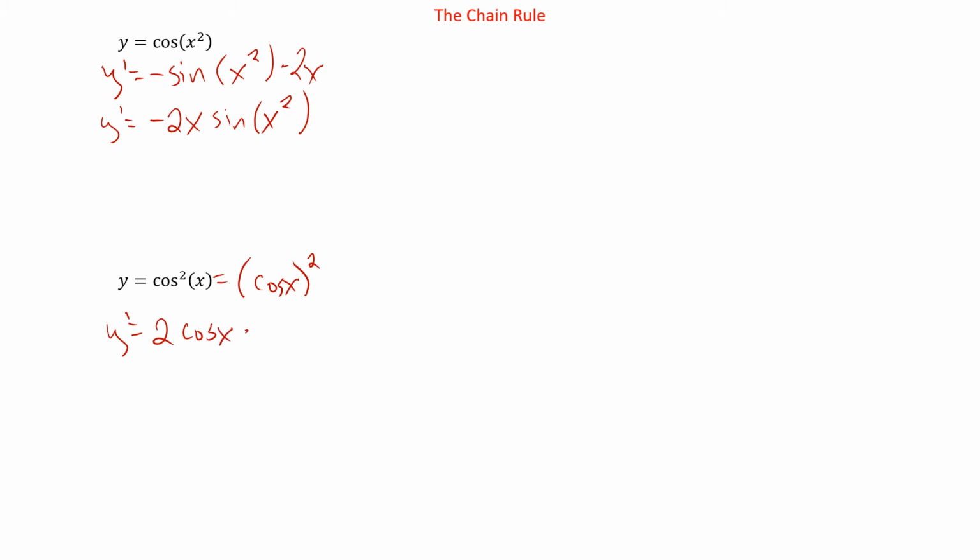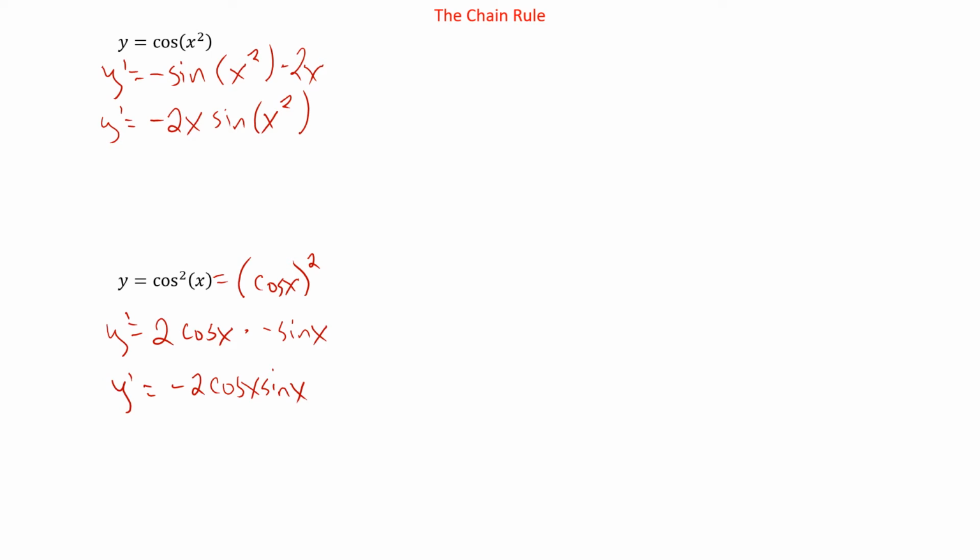What's the derivative of cosine x? It's negative sine x. So the negative can go out front. Y prime is going to be negative 2 cosine x sine x, or sine x cosine x, doesn't matter.